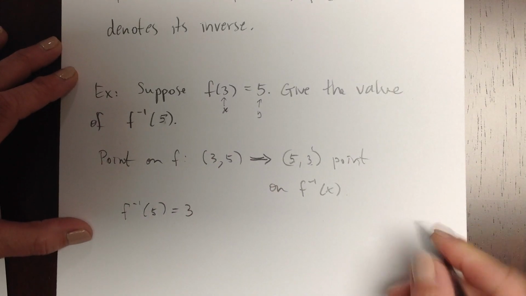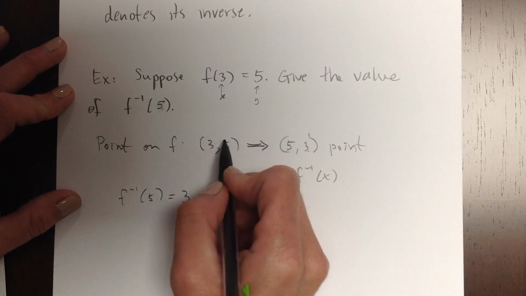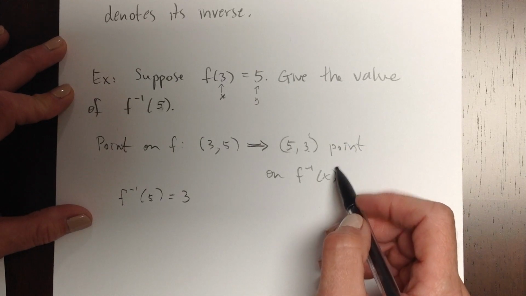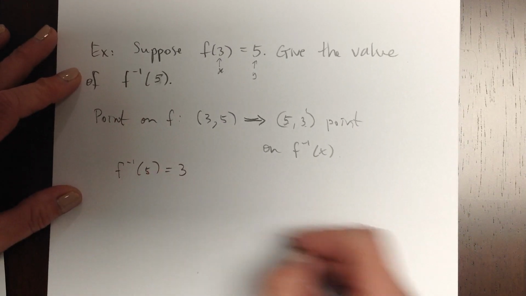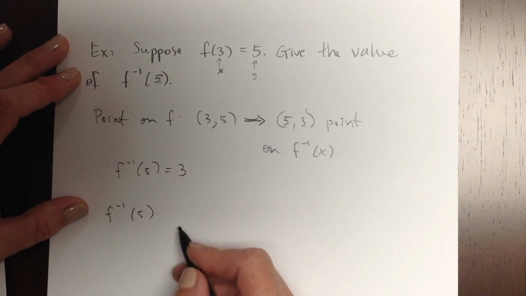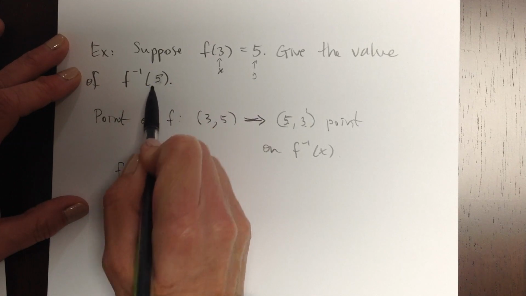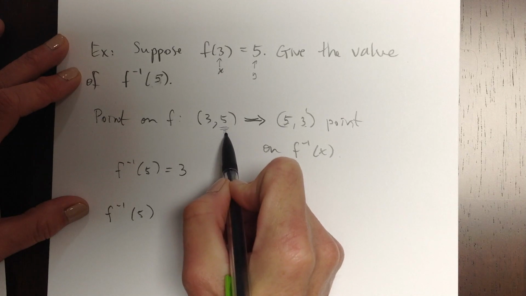Okay? So another way to think about it, besides writing the point that goes on f and then using that to get the point that goes on f inverse, is we can just interpret what f inverse of 5 is really asking for. So remember that the input of f inverse is an output of f.